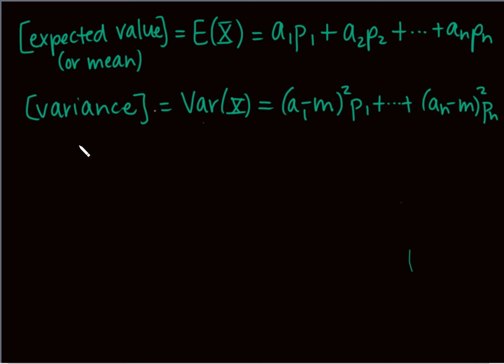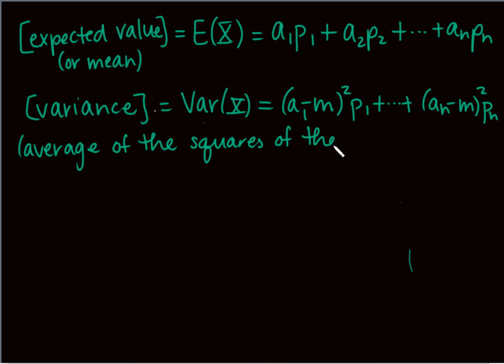When you read it in the book, it's basically the average of the squares of the differences. So what this does for us, if you remember when we did, oh man, I have to write that first. And then here, M is your mean, or your expected value.